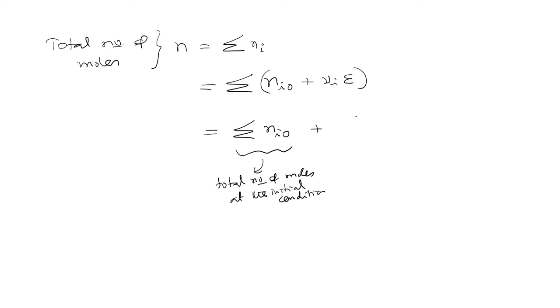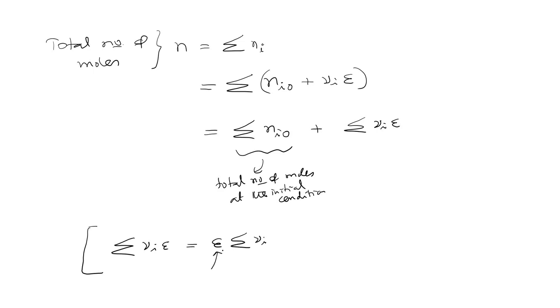Plus we have this term, nu I into epsilon, where nu I is the stoichiometric number and epsilon is the reaction coordinate. Now here I'll show you an important thing. The summation of nu I into epsilon can be written as epsilon into the summation of nu I.